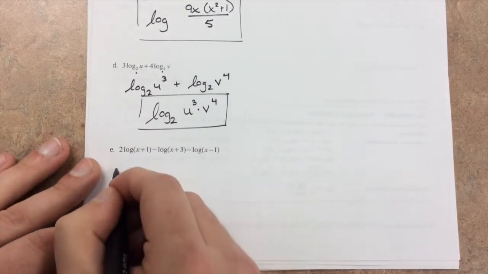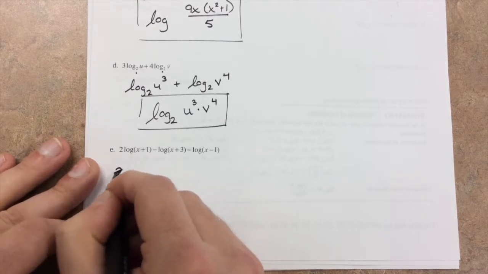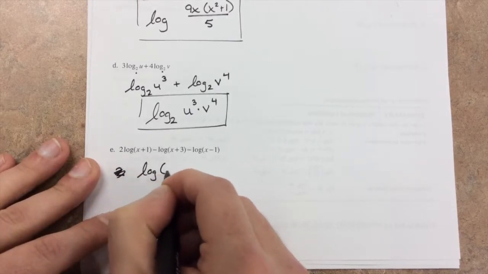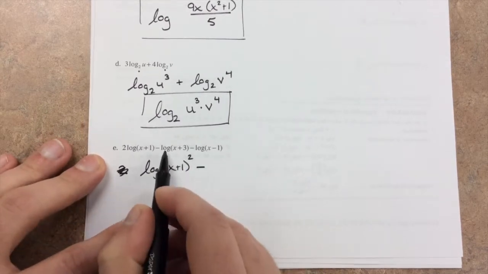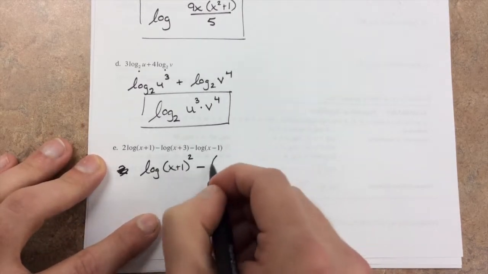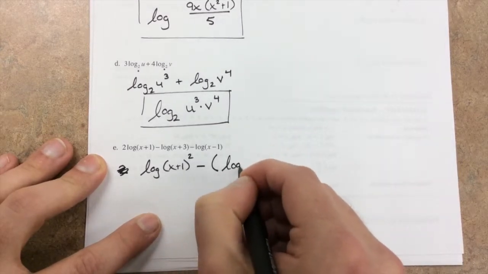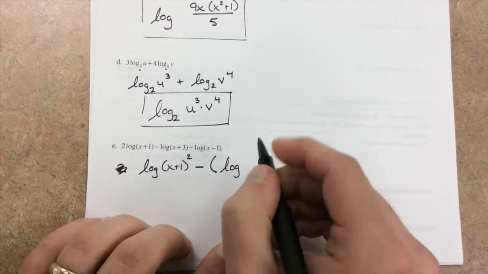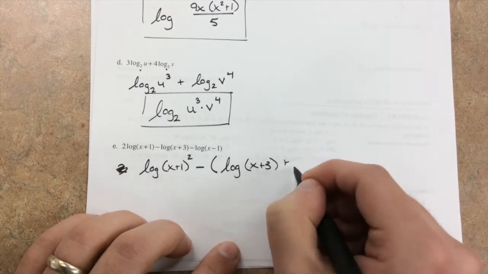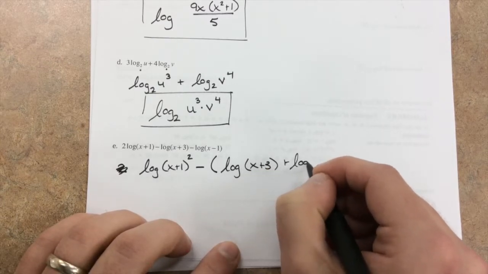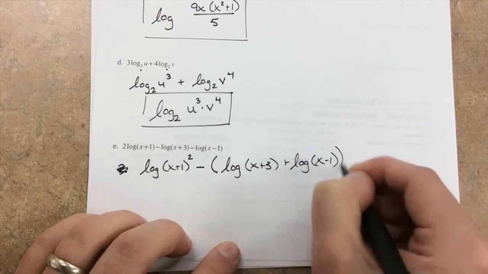Exponents go up first. So this is log of (x plus 1) squared minus... Now I see that these both have a negative, so I can factor a negative 1 out. And this is, again, where people have problems seeing both negatives, so that means they would both be in the denominator.